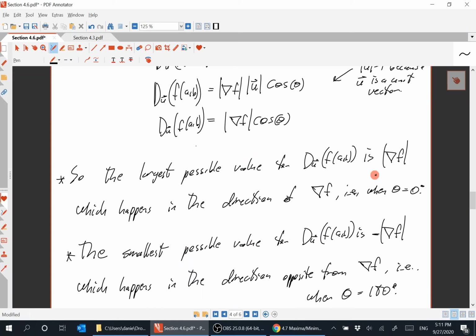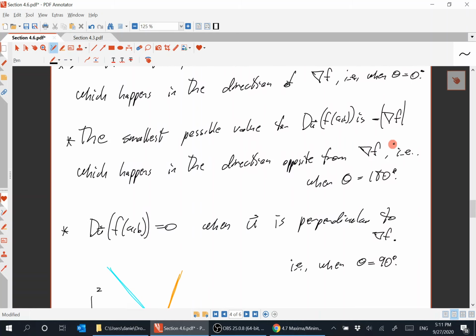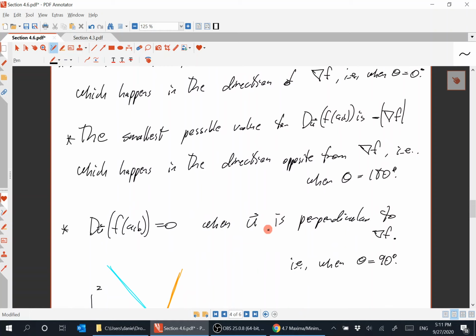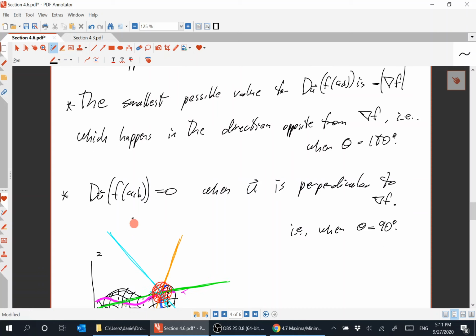So the largest possible value is the length of the gradient vector. The smallest possible value is the negative of the length of the gradient vector, and the directional derivative is 0 in the direction u that's perpendicular to the gradient, when the dot product is 0.